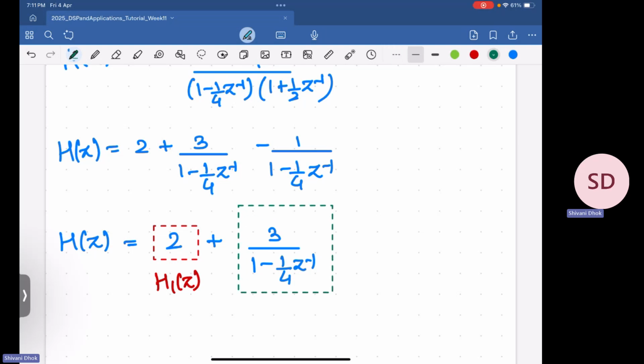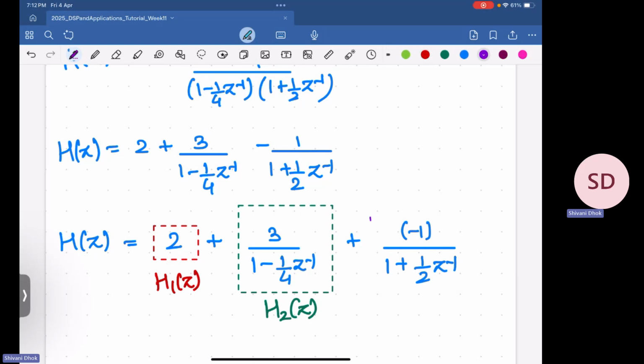Let me say that this is H2 of z, and plus we have minus 1 divided by 1 plus 1 by 2 z inverse, and this is my third part.